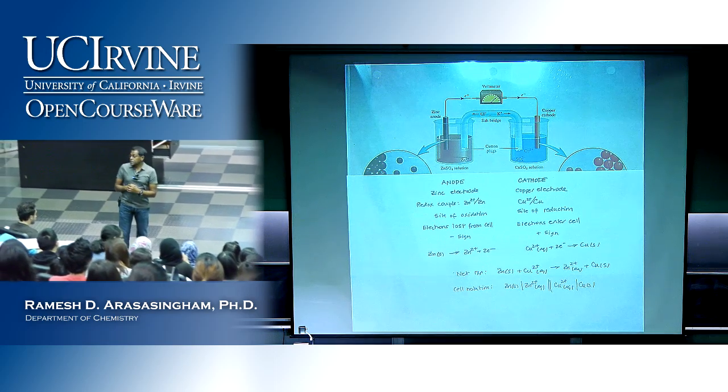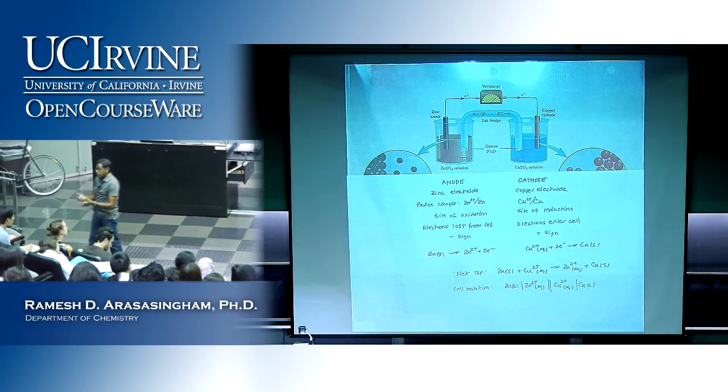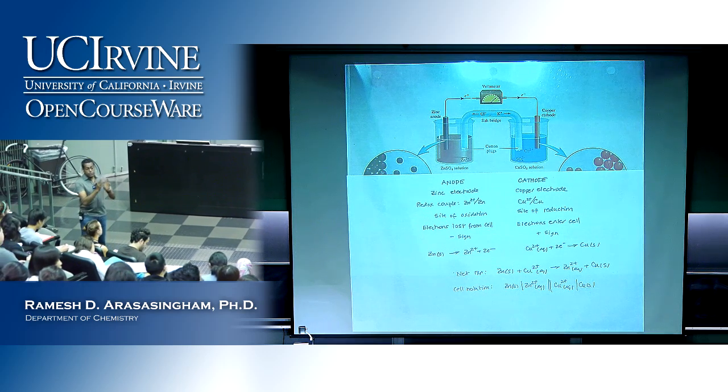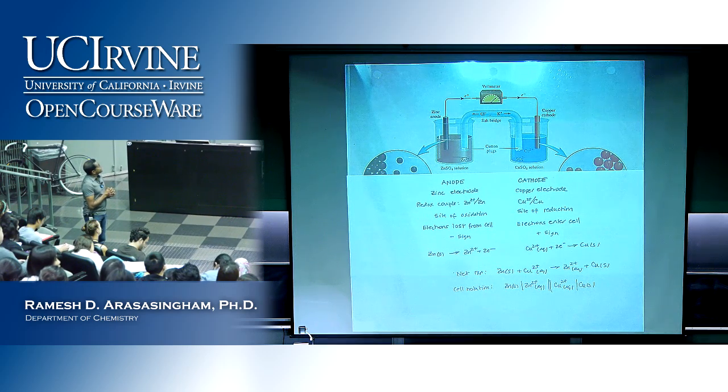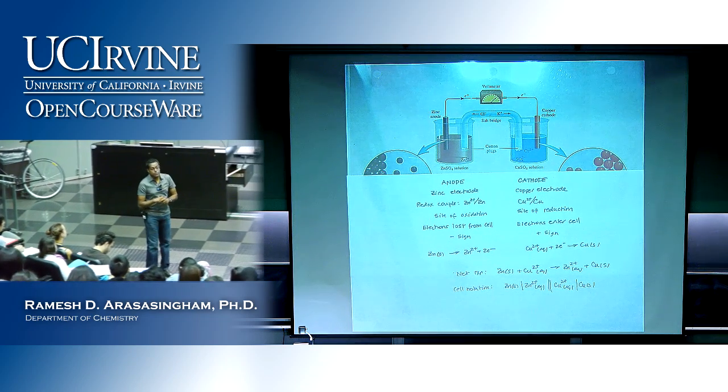The anode is assigned a negative sign because it's the site at which electrons are being generated and pushed through the wire. And the cathode has a plus sign to show that the electrons are entering the cell. And then if you were to write the two half reactions, in the oxidation half reaction, you can see the two electrons that are produced.